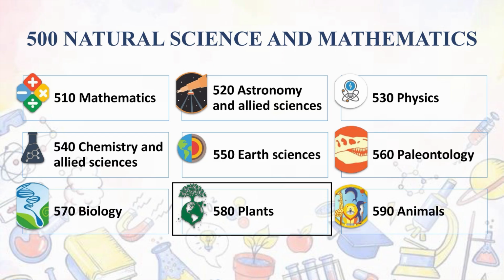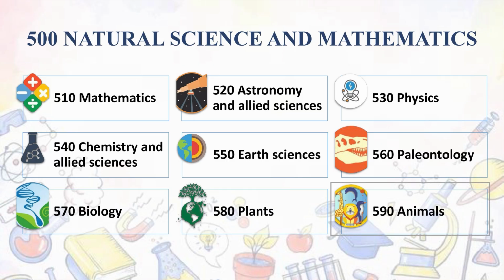And 580, that is the discussion on plants, is also known as botany, whereas 590 discusses the animals, that is zoology. These are the main classes, but you know that the literature on science is the fastest growing in nature because we need the nascent information, particularly on this type of subject.